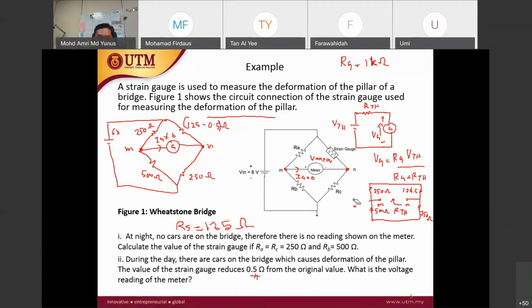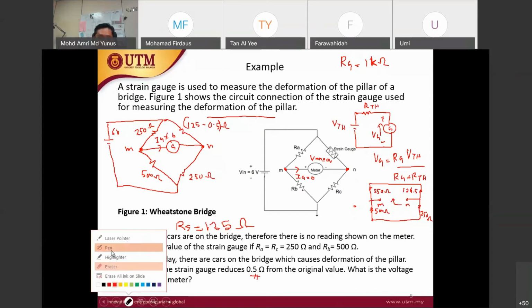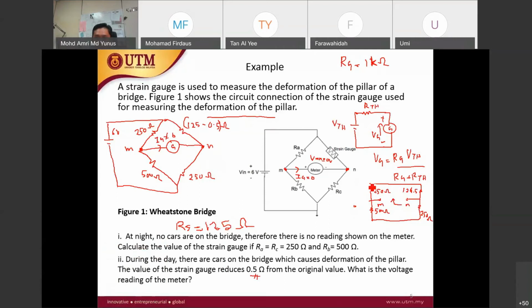Okay, put back the power supply, 6 volt. And then calculate what is VTH seen from here.